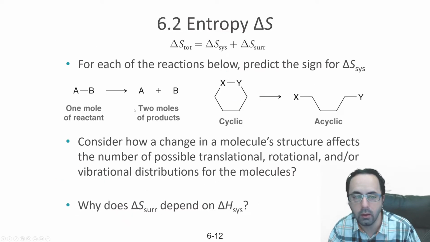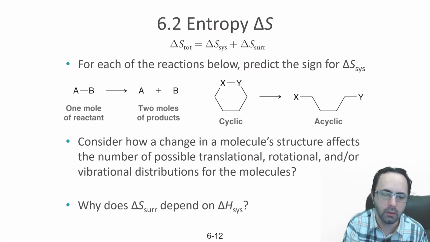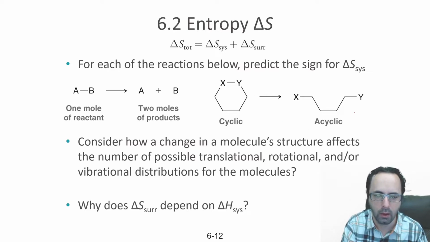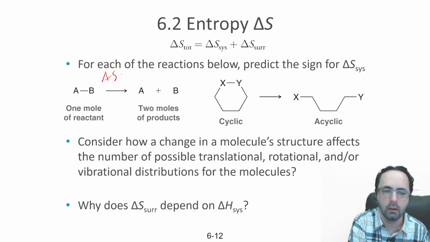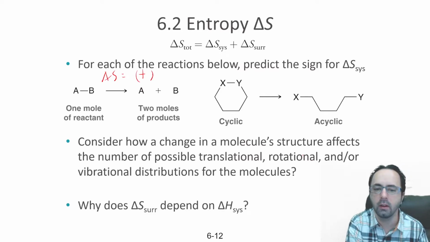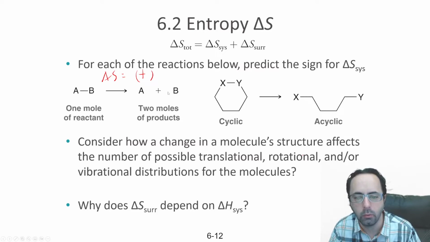So here, for this reaction, we have a molecule composed of two atoms, and then those atoms break apart. When one molecule breaks apart into two pieces, this is an increase in entropy. So delta S is positive for this reaction, an increase in entropy, because these atoms have more freedom of motion.